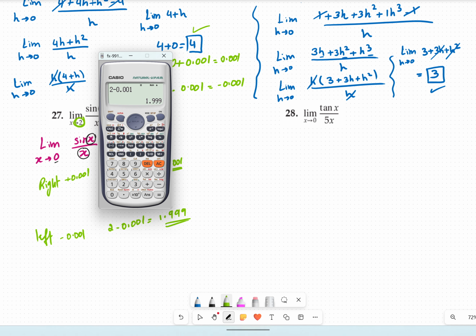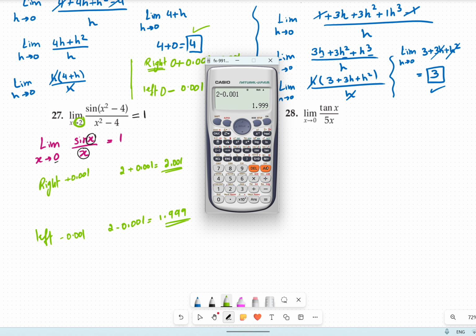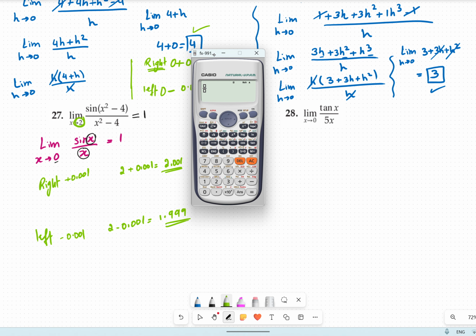So I'll say 1.999. Now I will go and I will do the same thing we did in the previous questions. I will write the function same as it is. So here, of course, make sure your calculator is on radians over here. So here you should see the letter R. So I will write sine x squared minus 4 over x squared minus 4.